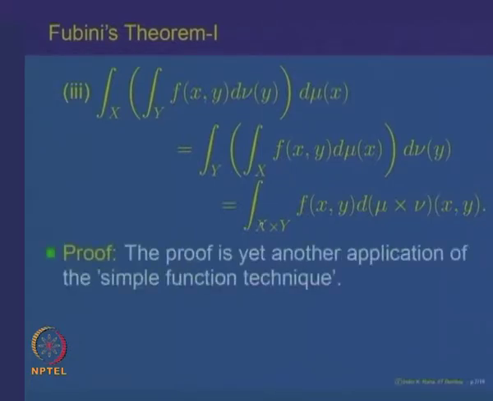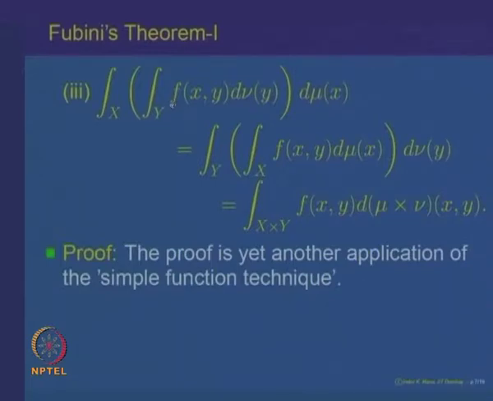So, this proof is going to be built up step by step, and this is what I call the simple function technique. So, the idea is that when f is the indicator function of a set, this result is true by the earlier result on product measures.